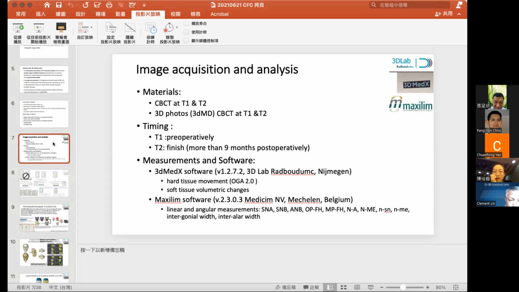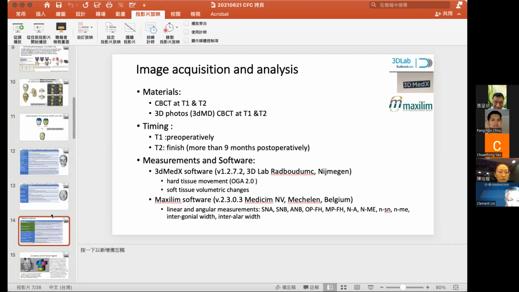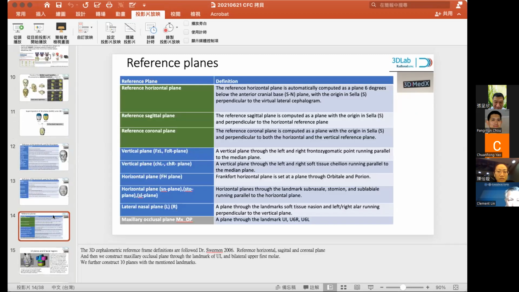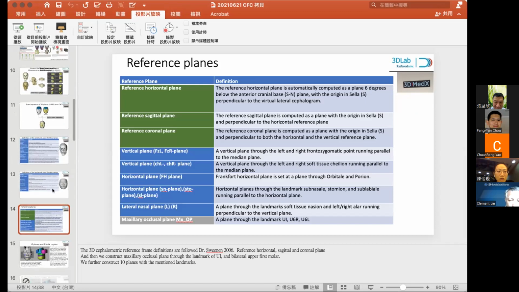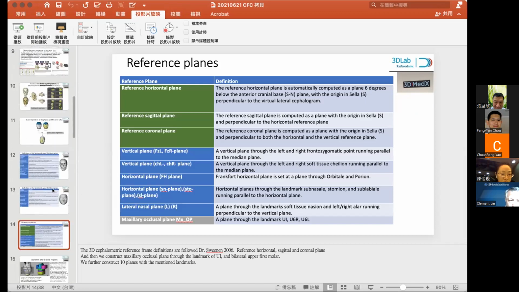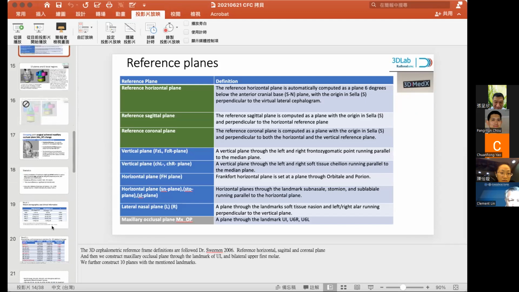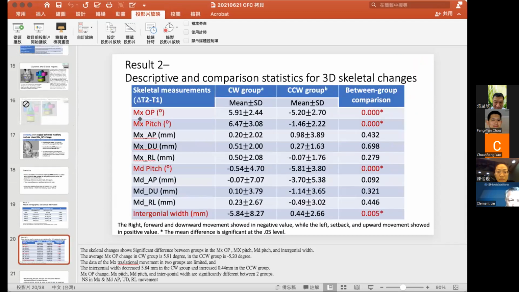Thank you very much. This is an important question. Actually, all the skeletal movement and skeletal changes we use are pre- and finished data. But for the maxillary occlusal plane data, we use the surgically achieved occlusal plane.